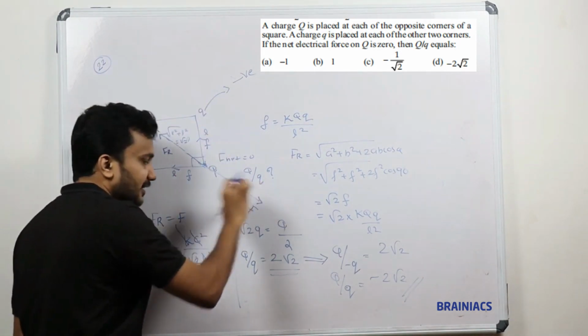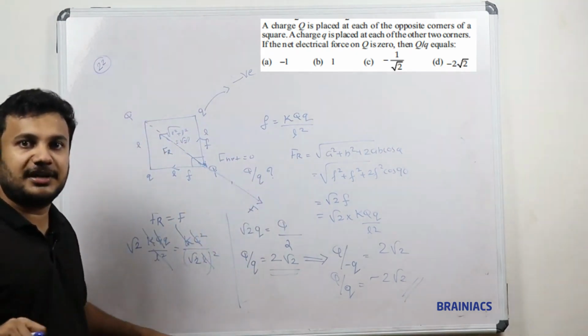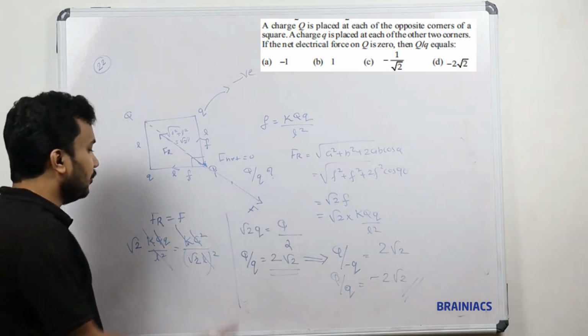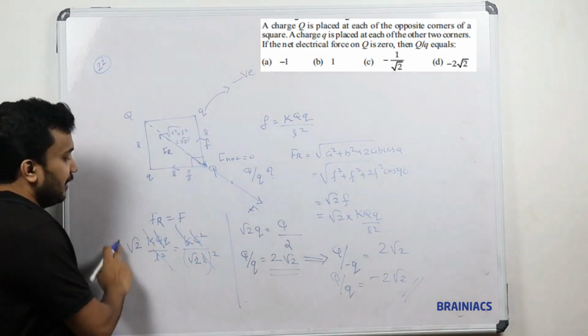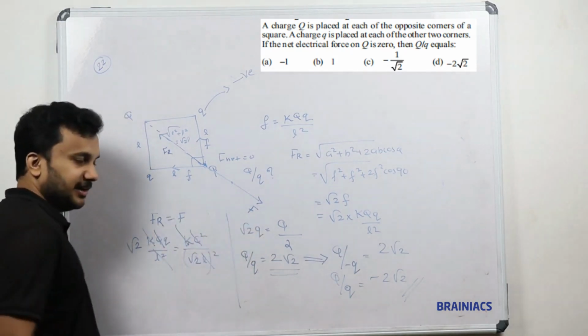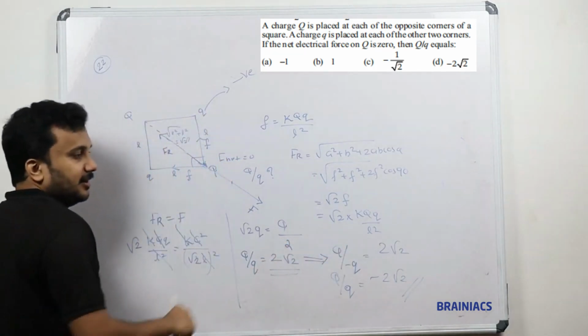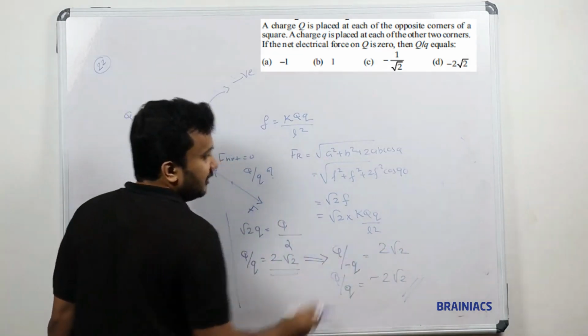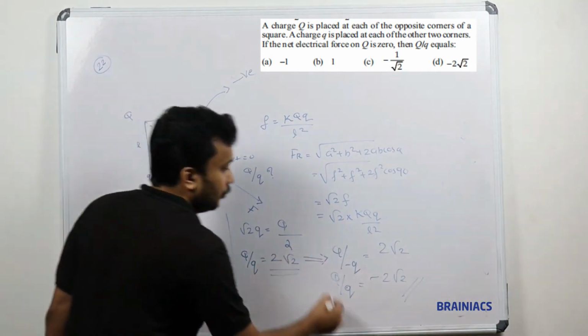Fr will be equal to this F. If those two forces are acting in opposite directions, both have to cancel each other. Then only this will exist. For this, it should be a negative charge. So we have a resultant force on the left side and right side, and this Q should be a negative charge. That's what we have written. Q divided by minus Q we have written, and we get 2 root 2.